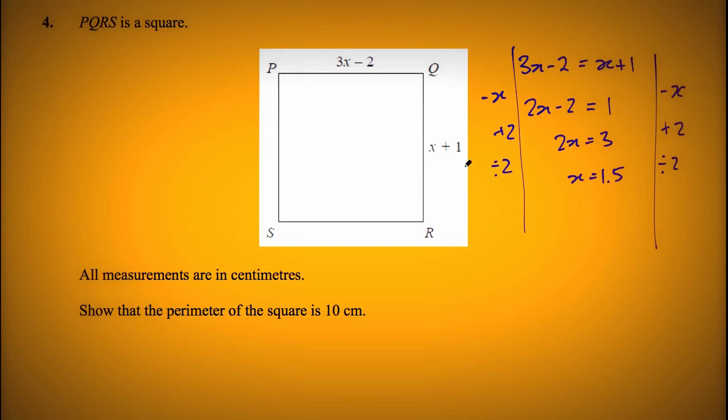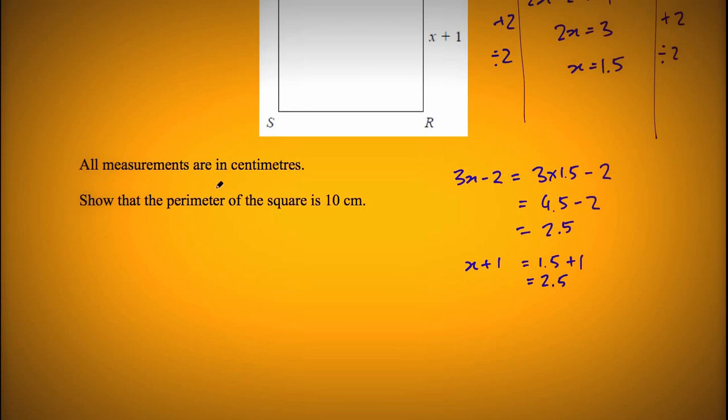For the perimeter, I need to show both sides. 3x minus 2 equals 3 times 1.5 minus 2, which is 4.5 minus 2, which is 2.5. And this side is x plus 1, which equals 1.5 plus 1, which is 2.5.